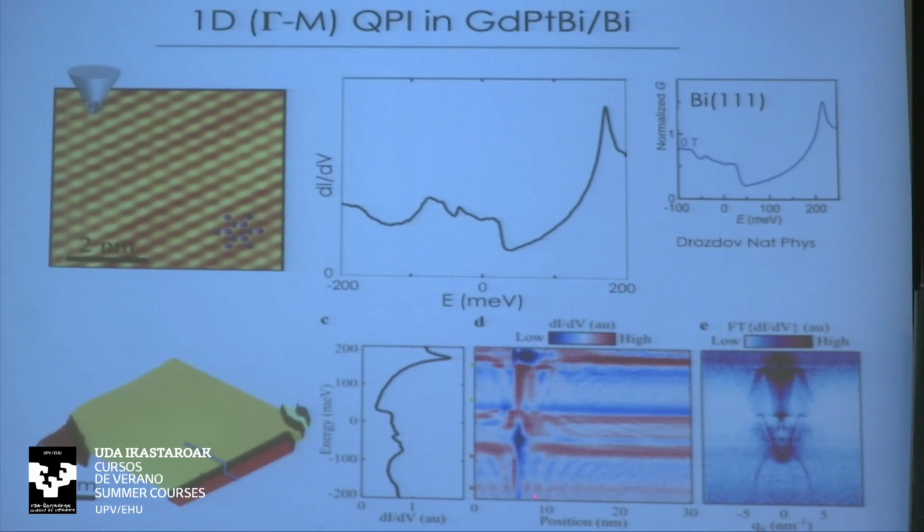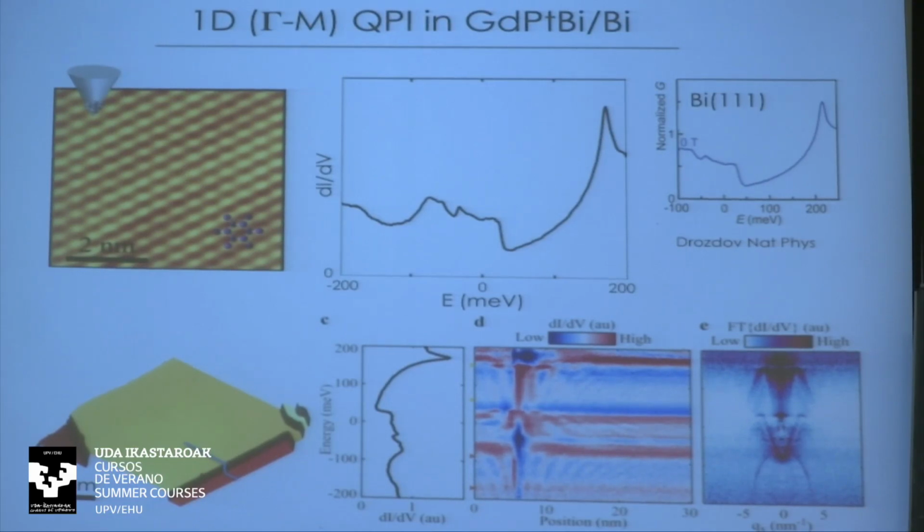So basically, if we Fourier transform this picture, what we find is dispersing modes, which correspond to scattering wave vectors, which are allowed within the surface band structure of bismuth. So electrons from one pocket hit the step edge with a certain momentum.